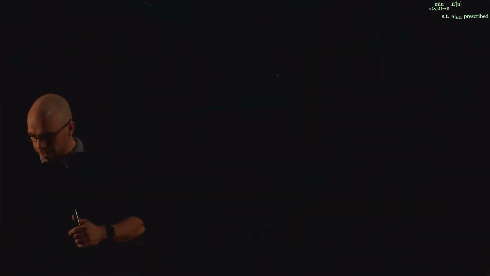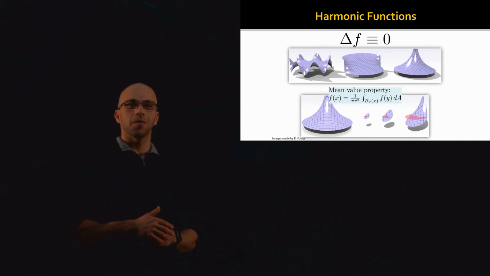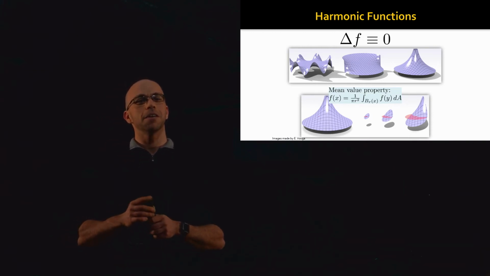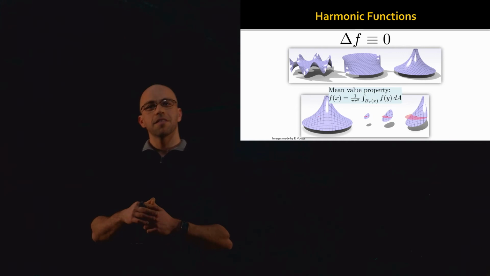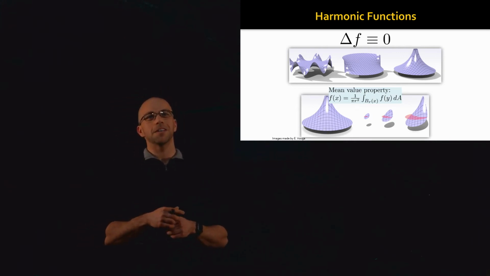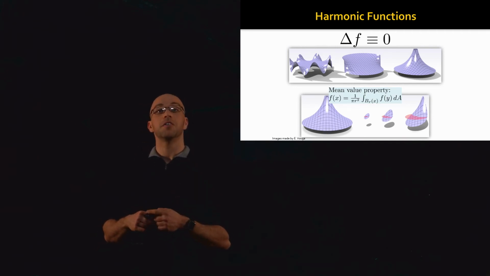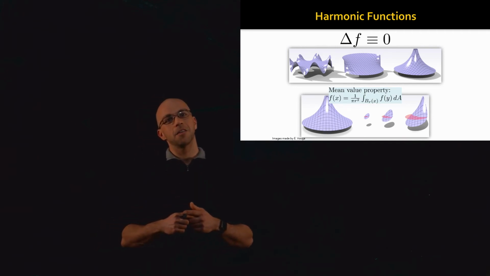Okay, so let's take a look at some examples of harmonic functions. These were rendered by my colleague Etienne Vouga at UT Austin. So remember, the harmonic equation says that the Laplacian of a function is identically equal to 0 on the interior of a domain, and that on the boundary of the domain, the value is prescribed.